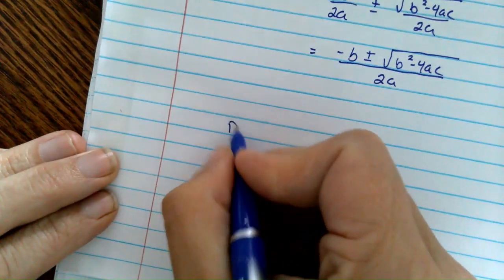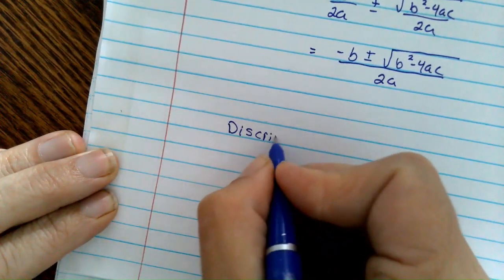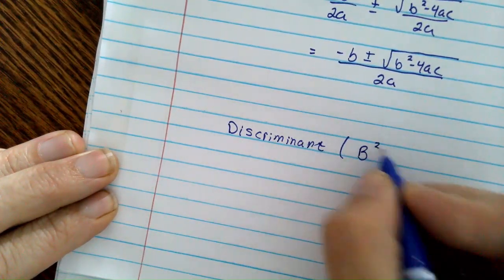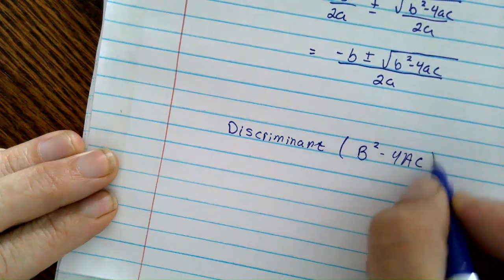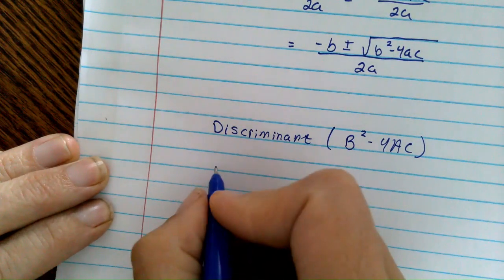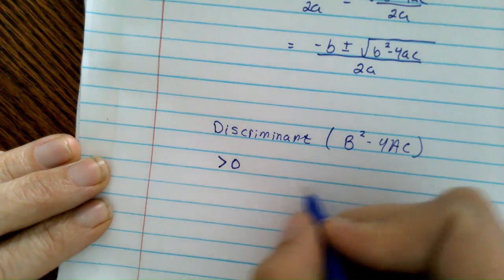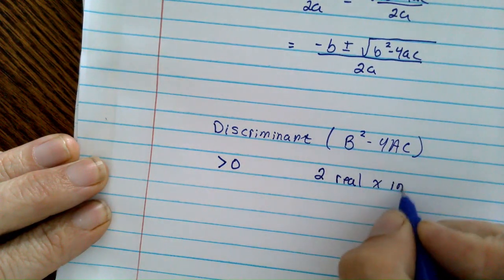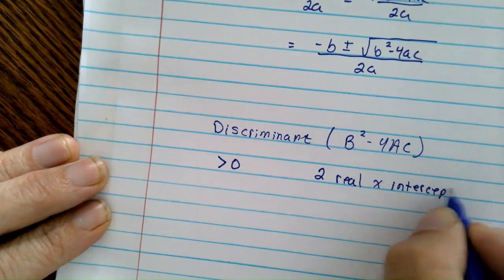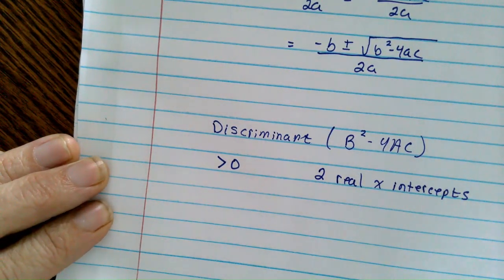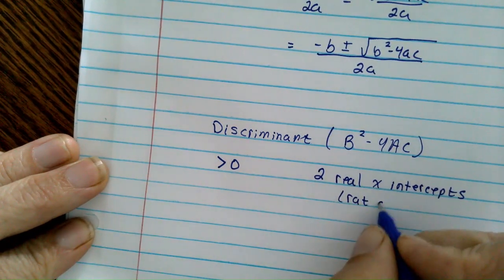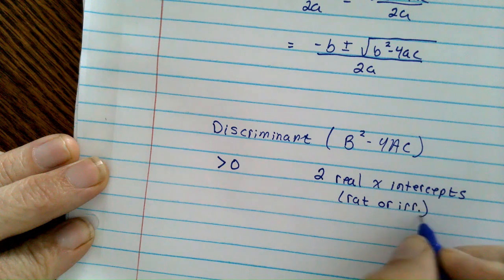Something quick to note, if the discriminant, that's that b squared minus 4ac part, is greater than 0, you will have 2 real x-intercepts. They might be rational or irrational. Okay.